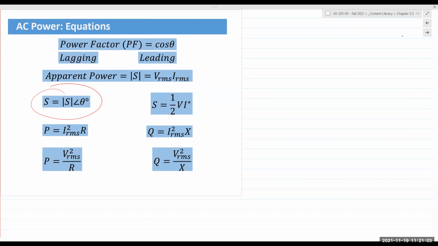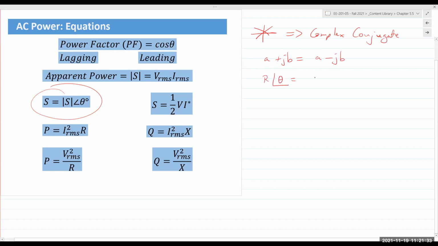The complex conjugate of a complex number is simply changing the sign of the imaginary part. If it's a plus jb, it becomes a minus jb. It's r with the phase angle theta, and it becomes r with the phase angle minus theta.